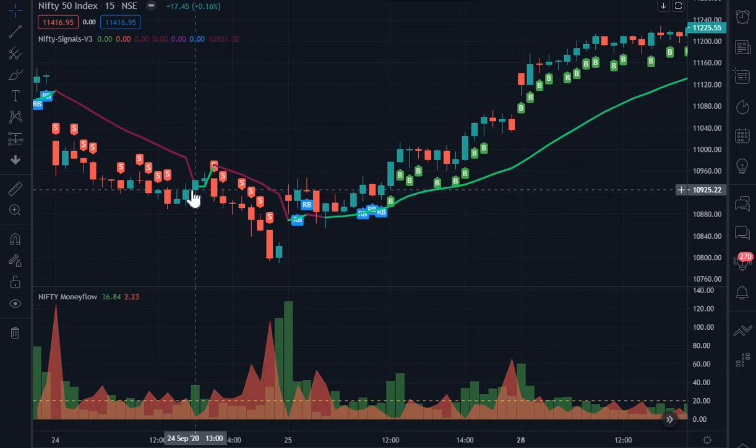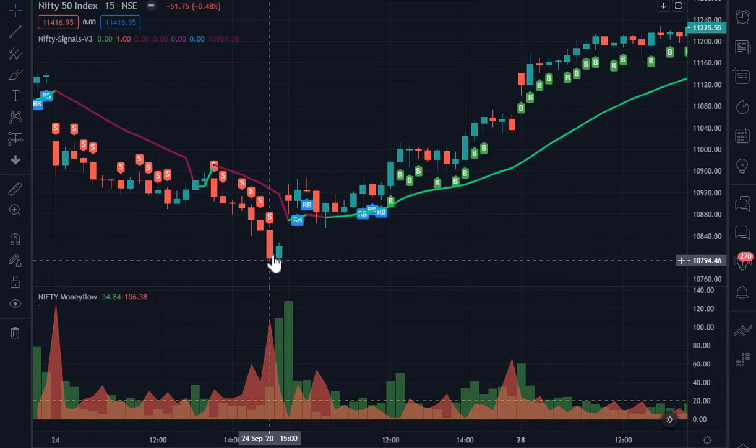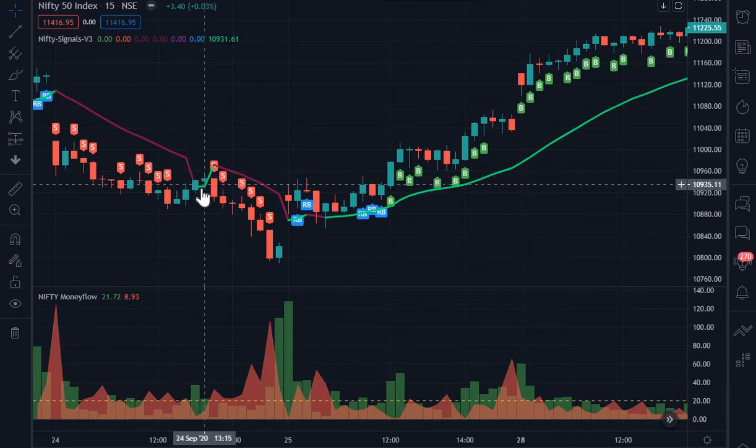So even if someone has taken a long position here, you should be squaring up somewhere here, reversing the position to the short side, eventually not only compensating for the loss that he incurred here, but also here. Even if you follow the system, you should not be taking any buy position here. So following the system will help you remove noise from the charts.